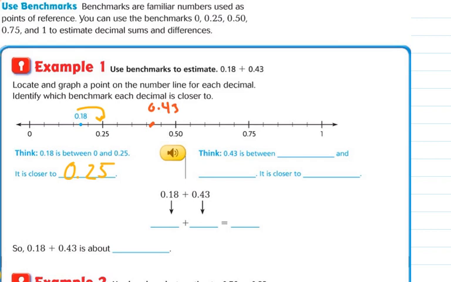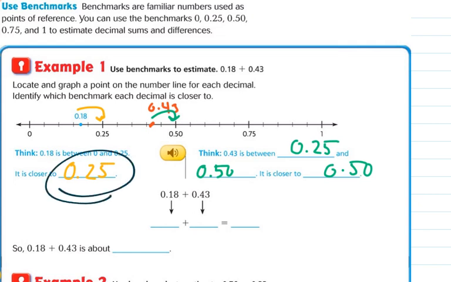I'm going to fill this in too, just so we don't leave anything out. So if I look at it visually, boys and girls, I would say that this decimal is closer to 50 hundredths. So we'll use that as our benchmark. So we're going to use 25 hundredths minus 50 hundredths. So, oh, it's not subtraction, it's addition actually for this problem.